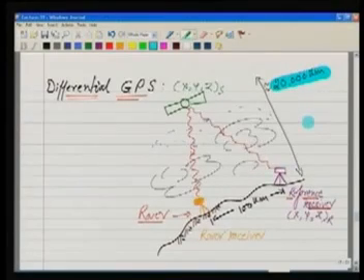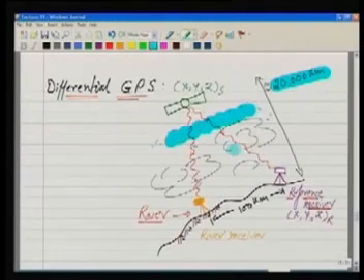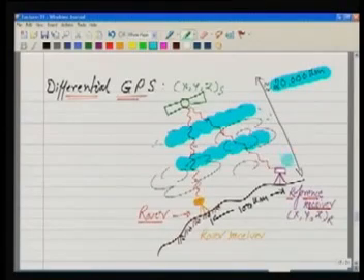Now what is the meaning of this? The meaning is we can consider the same ionosphere and troposphere to be affecting the signals going to this receiver and this receiver.